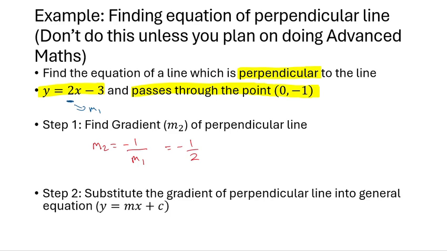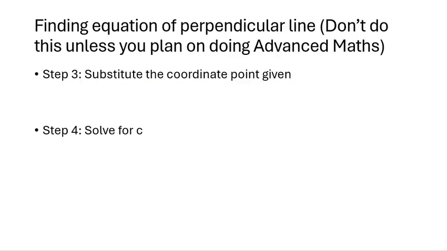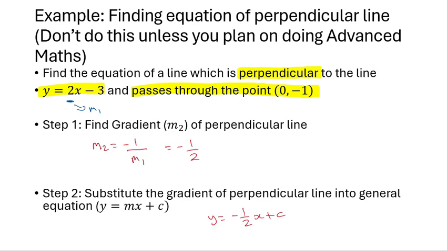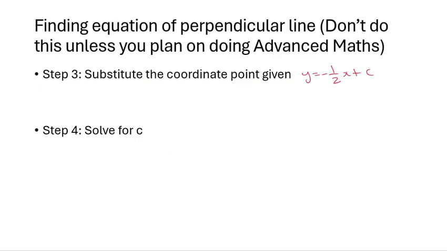Step 2, substitute the gradient of the perpendicular line into the general equation: y equals -1/2 x plus c. Step 3, substitute coordinate points. What's our coordinate point here? It passes through (0, -1), so let's do that. Step 4, solve for c.